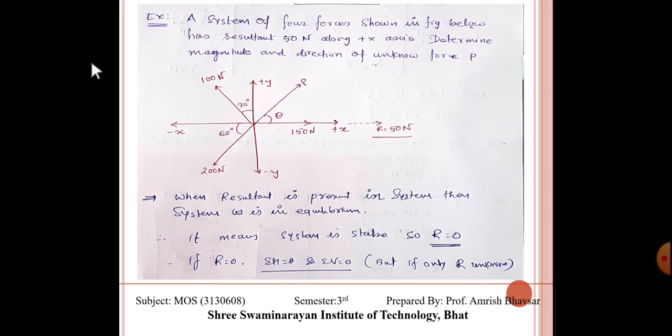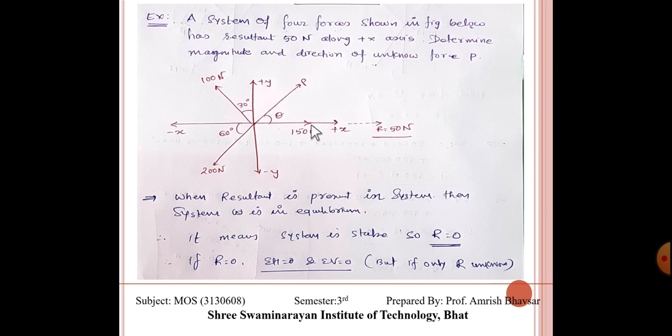So, dear students, keep in mind that whenever a resultant is present in our system, it is automatically in a stable position. So, what happens with this stable position, with this equilibrium? First we have to understand that. But before that, just consider what they have given.